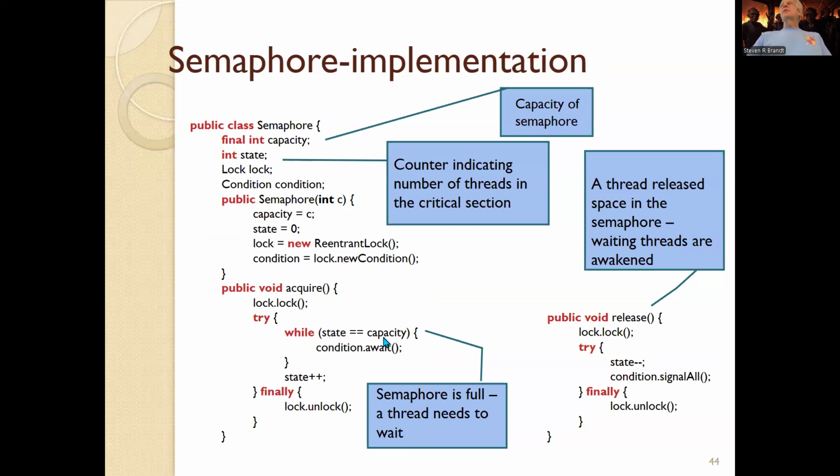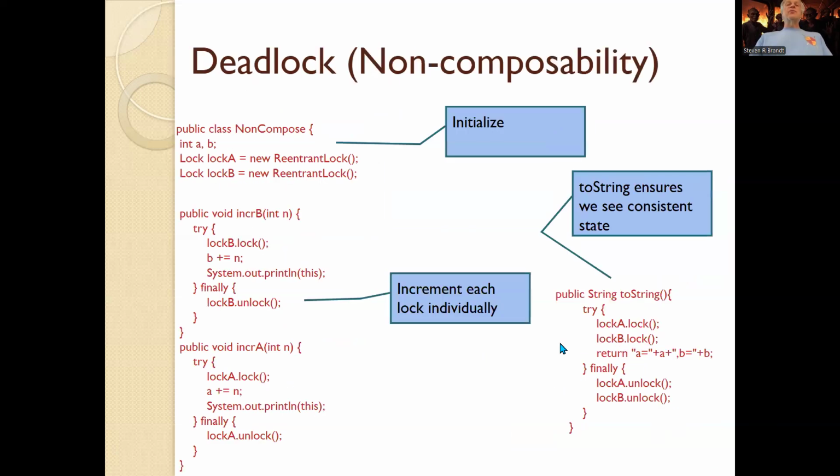And while the state, the count of the number of threads holding the lock, is at the capacity, I'm going to just wait. As soon as I get past this while loop, I'm going to increment that state variable, and then I'll unlock. In my release, I'm going to get the lock, decrement the state, signal all, and unlock. Make sense? It's pretty straightforward, I think. Once you get the hang of these things, they're all pretty straightforward.